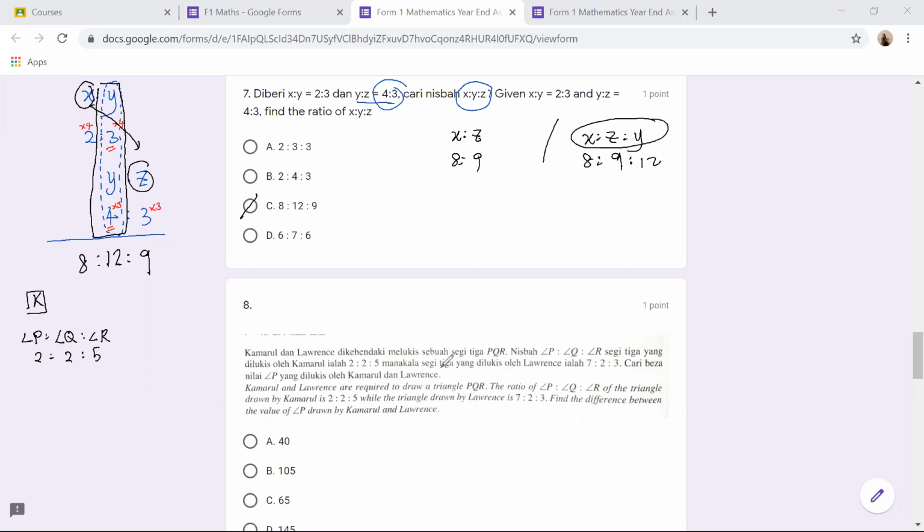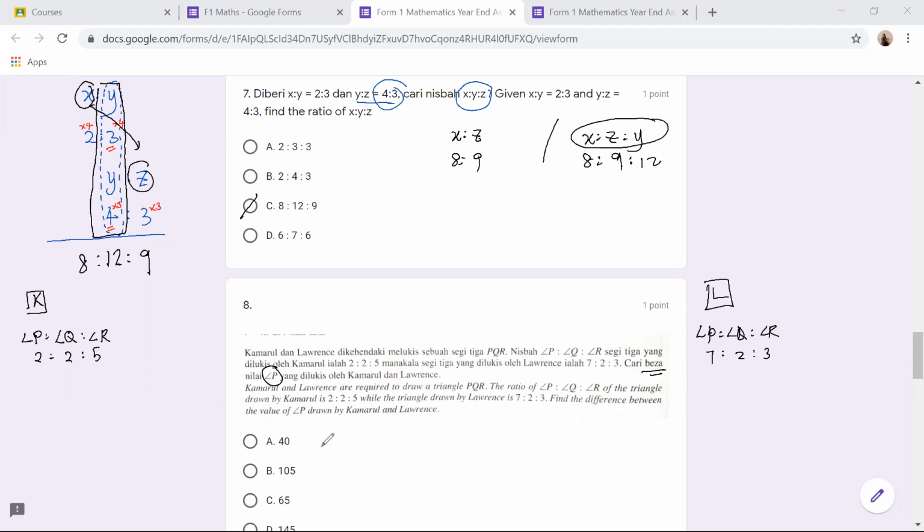The triangle drawn by Lawrence, same thing, angle P to angle Q to angle R, is drawn in a ratio of 7 to 2 to 3. So we need to find the difference of the P value drawn by both of them.